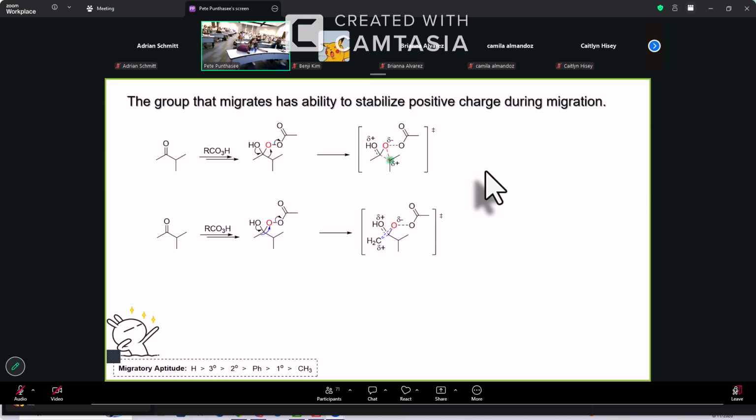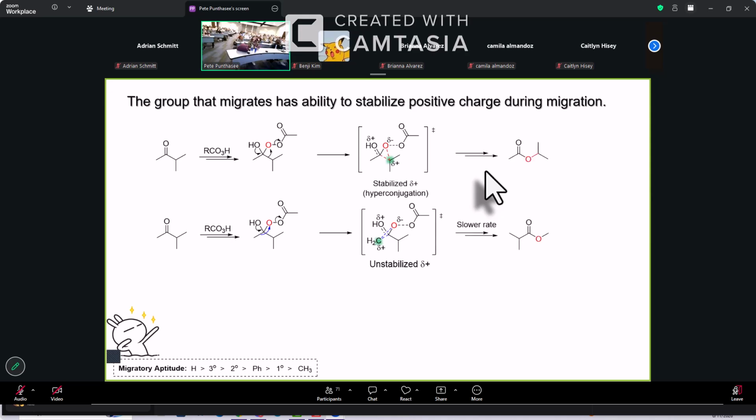And you guys know which carbon is more stable. The secondary carbon or the methyl carbon? If you don't know the answer, think this way: imagine this were a carbocation. Which one is more stable, secondary or methyl? Secondary, of course. This is the transition state, so faster reaction right there.